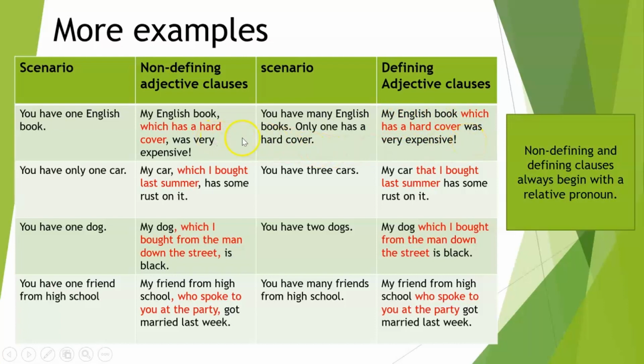So number one, take note. We can use which for things, but the difference here is commas. That means that after you say the noun and after you finish the clause, there's going to be a short pause. Over here, no pause.